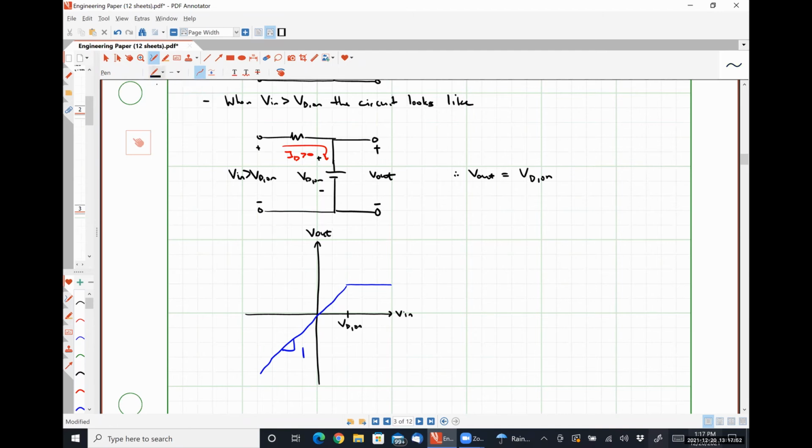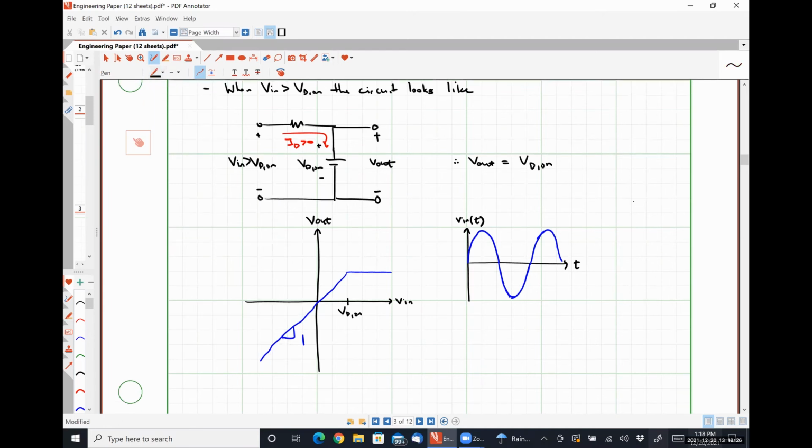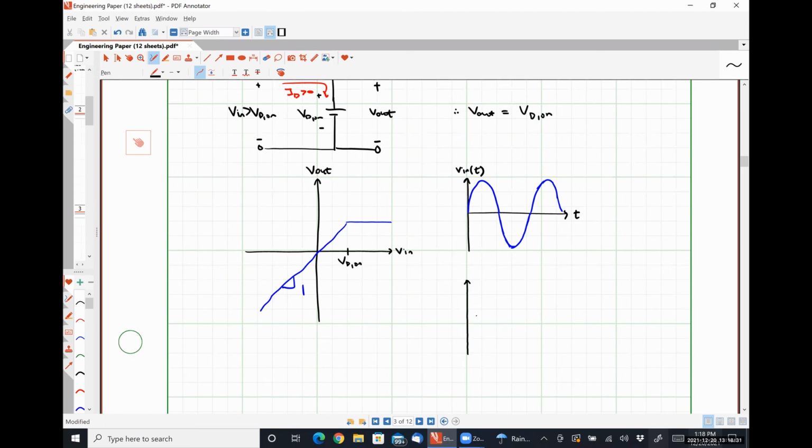So if we had a sinusoidally varying input waveform, it's going to be clipped off.